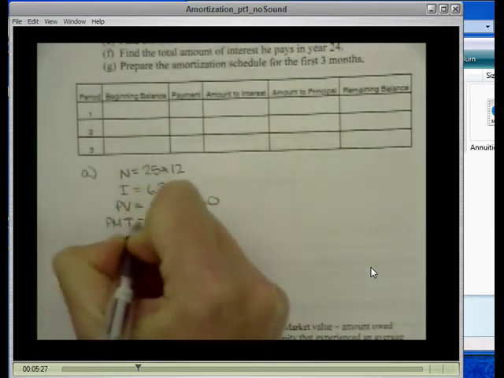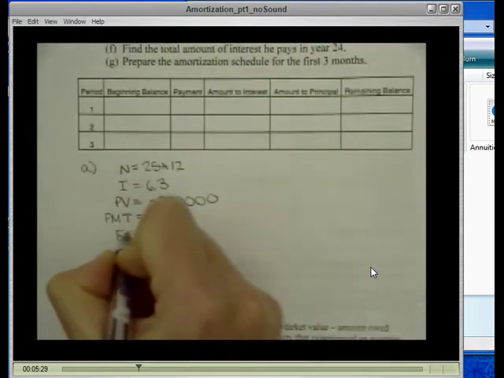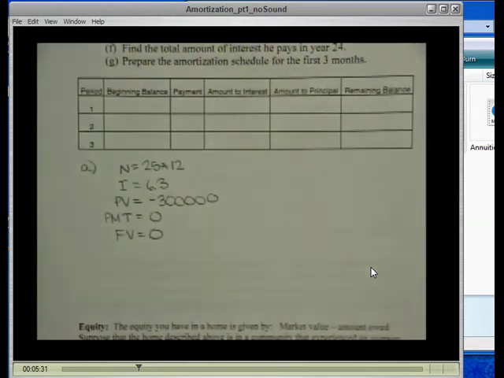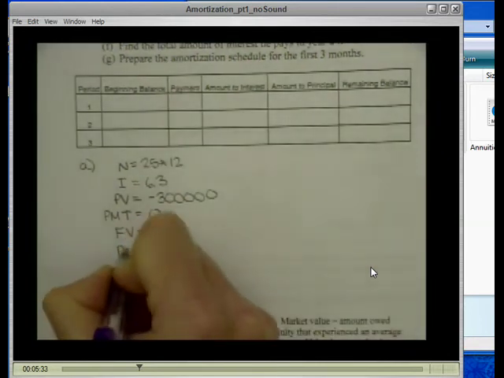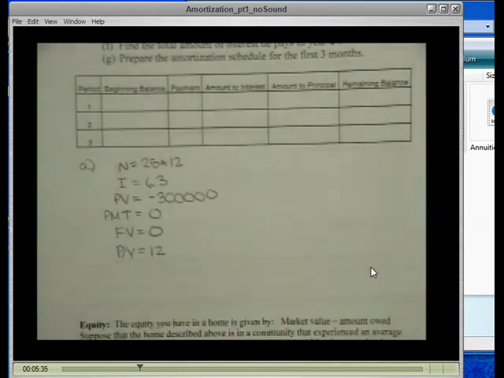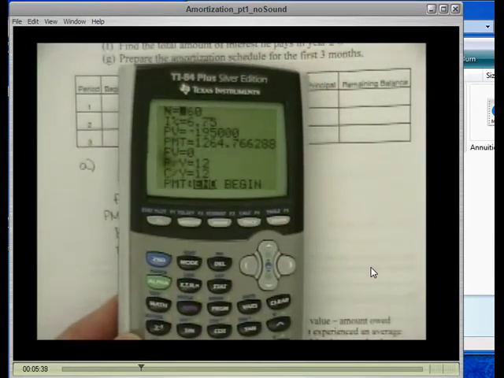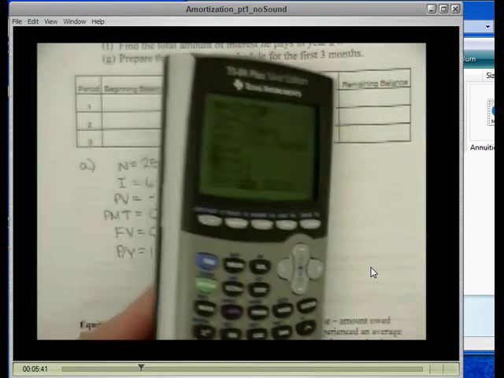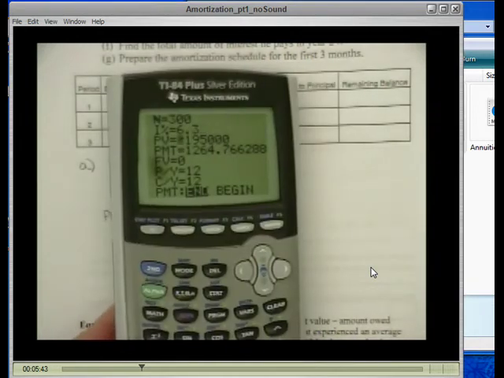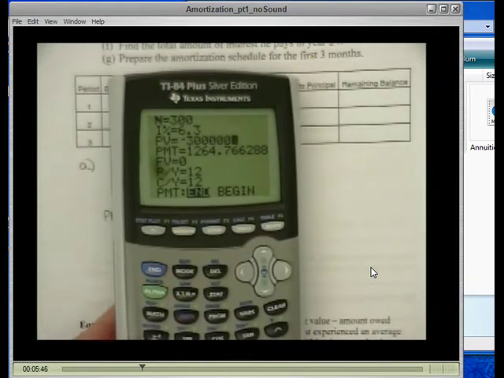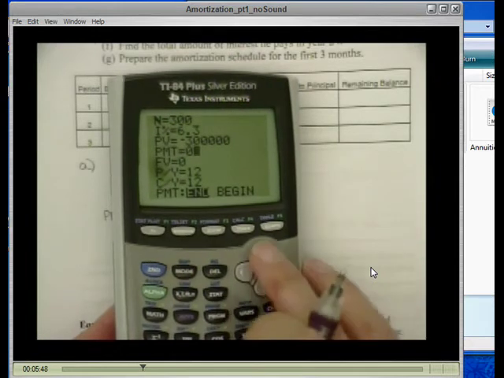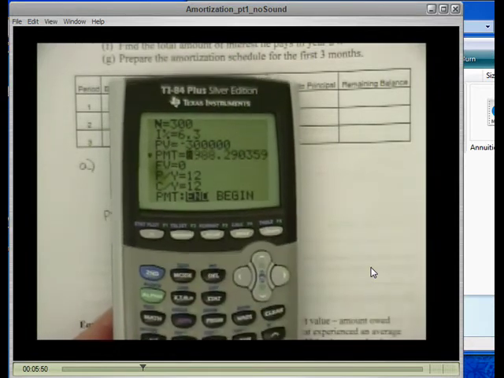Payment, that's what we're trying to find. Future value is 0. We don't want to owe anything at the end, and the periods per year is 12. And so hit alpha solve there.